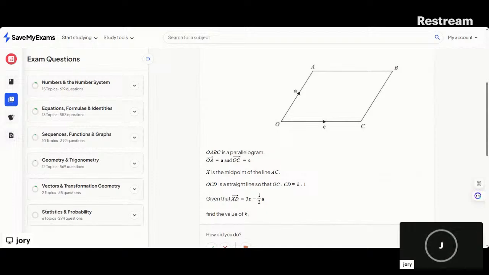So the A's essentially cancel out, right? And then you've got 3C minus 1 over 2 C, which is 2.5. It's 5 over 2 C. That's CD.